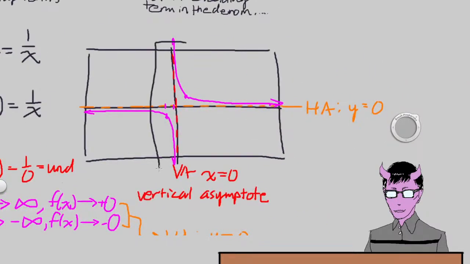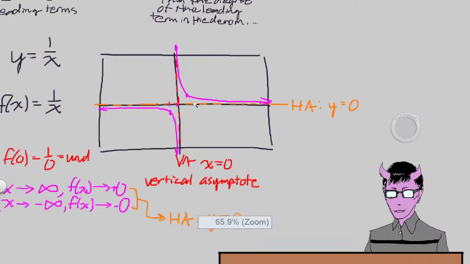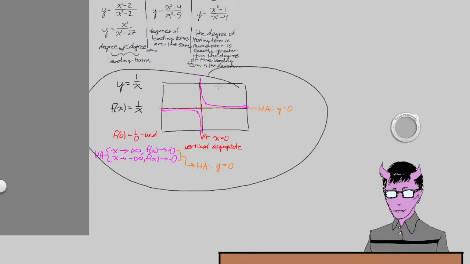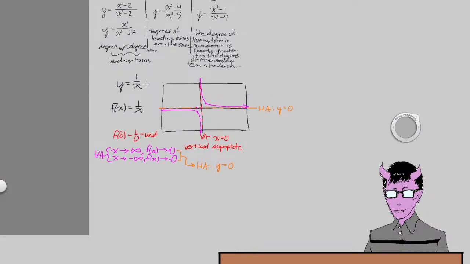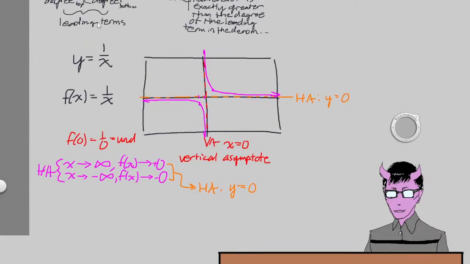And of course, we just talked about why this one explodes getting close to 0, and this one explodes getting close to 0. It's still negative though, because you're inputting negative values. Still positive here, because you're inputting positive almost zeros. And that's the graph of the function y is equal to 1 over x. Hope that wasn't too bad.